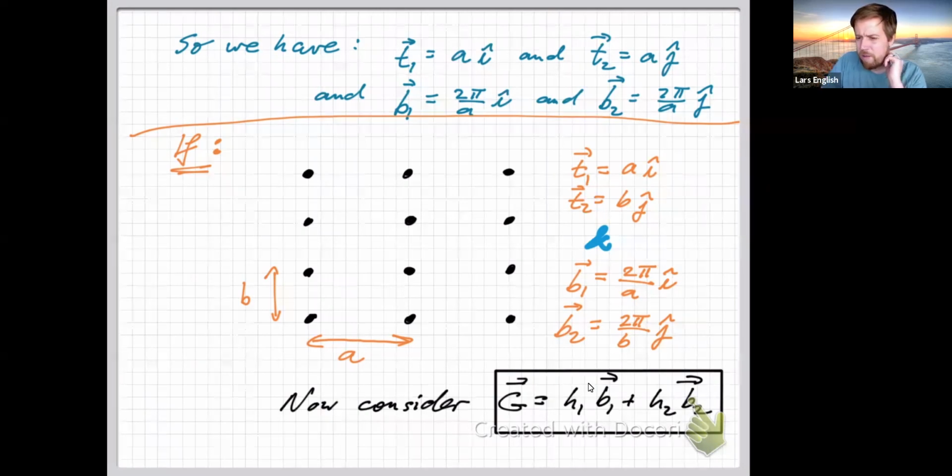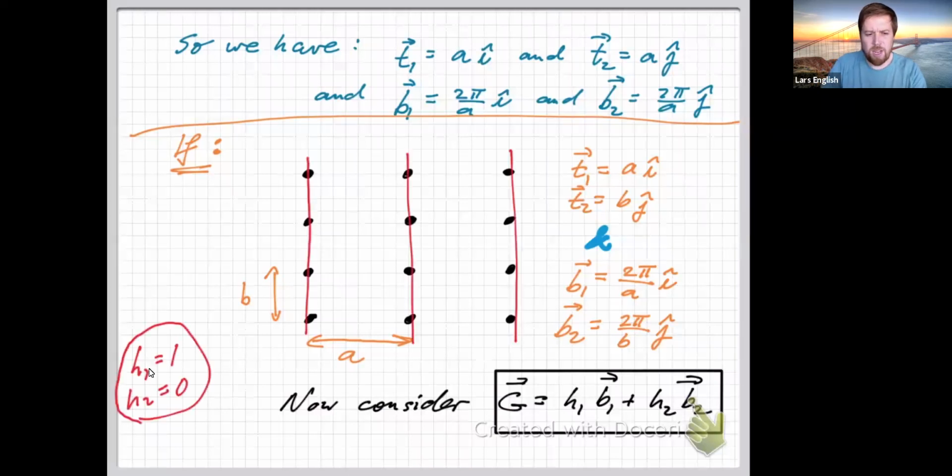So we're looking at a superposition of B1 and B2 where H1 and H2 are integers that go along with that superposition. For instance, H1 being 1 and H2 being 0 gives you a G that's pointing to the right along the x-axis.